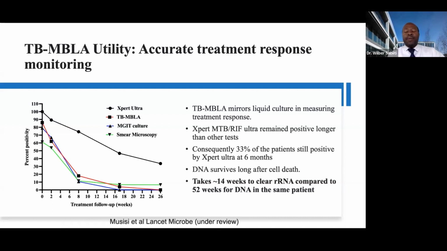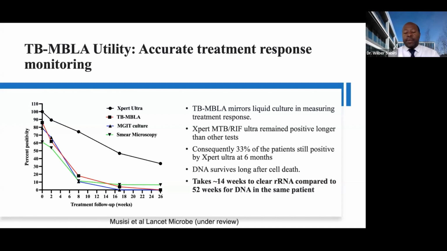At 9 months, all of them had cleared their TB and had no clinical signs at all. In the post-treatment follow-up, there was no more medicine given to the patients. So that means that there is a lot of accumulated dead DNA during treatment, which can be picked up by Xpert MTB Ultra, and that again makes treatment monitoring difficult.